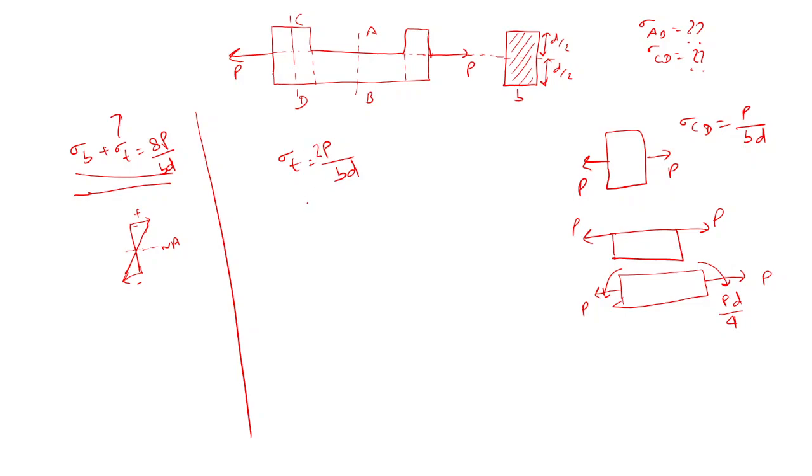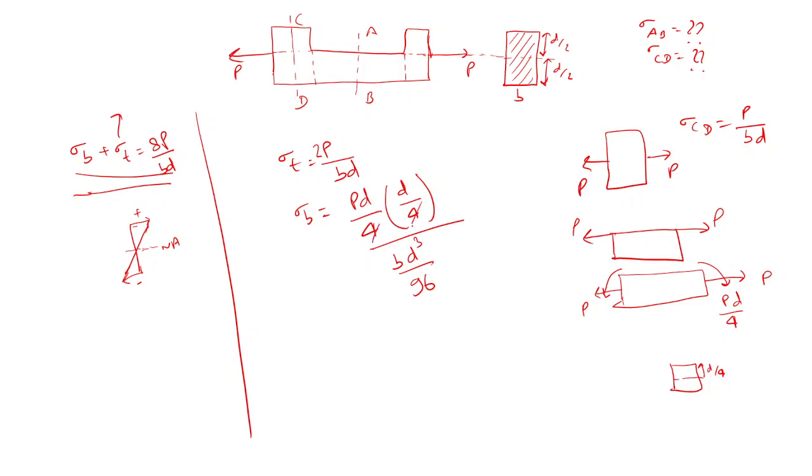And now coming to sigma B, M by I, M would be PD by 4, and y would be D by 4, because this is D by 2, and from the mid it would be D by 4, and I would be BD cube by 96.